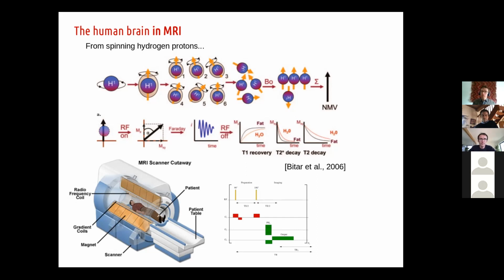So when you put them in those fields, they tend to align with the field. They just stay there and they rotate. And then what you can do is you can just push them around back and forth with some radio frequency pulses that have a specific frequency that matches their rotation. And then you can get them out of equilibrium and then they come back.